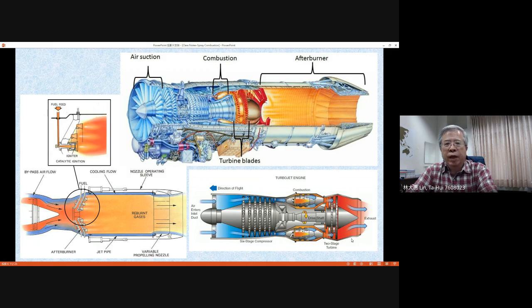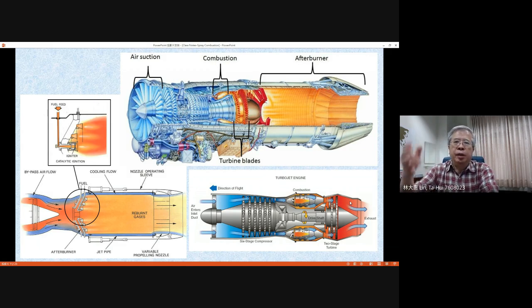By energy conservation, the kinetic energy of the high temperature product mixture increases, which means the total enthalpy of the mixture must decrease. Therefore, the flow velocity is increased, with large velocity injection out from the nozzle. That means you will produce thrust to push your turbine moving forward.